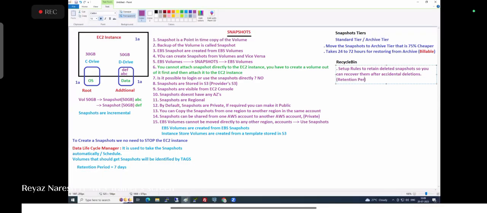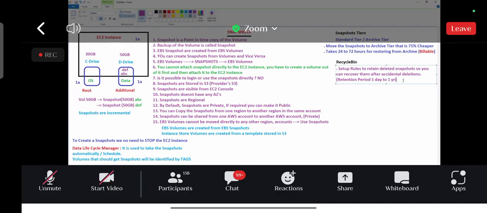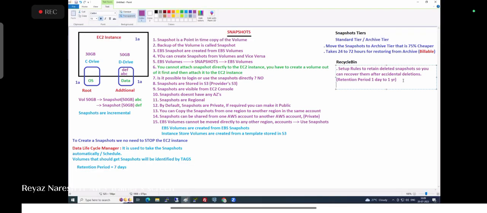Retention period can be from 1 day to 1 year. For how many days can you have? 1 day to 1 year. The recycle bin retention is billable. Money will not come for free. So nothing is free. I'm telling you, if something is free, somewhere they are getting that money back. So please keep that in mind.